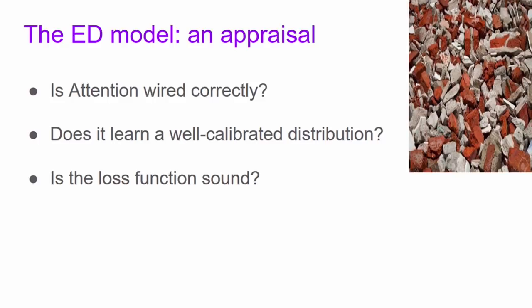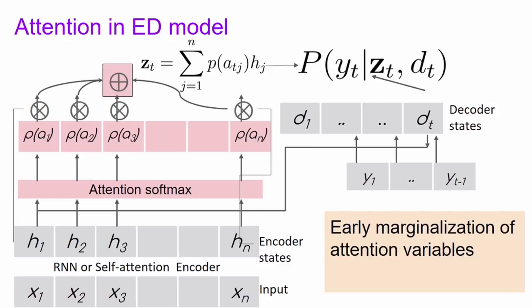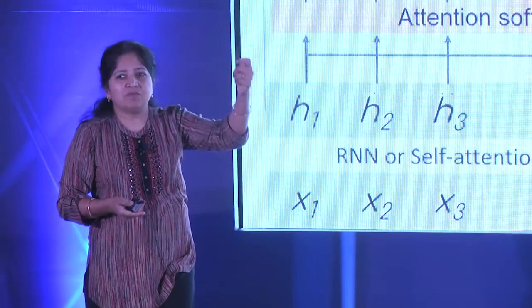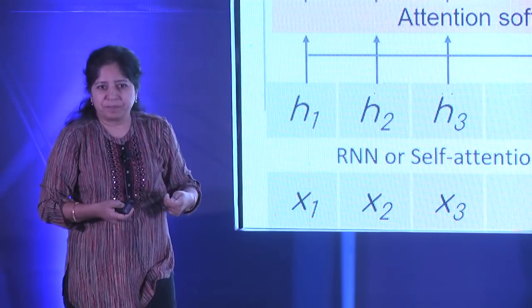First, we'll talk about attention. You should think of attention as a random variable, and the tth random variable At tells you what part of the input is relevant for producing the tth output.